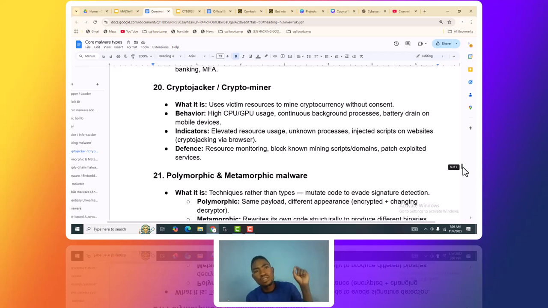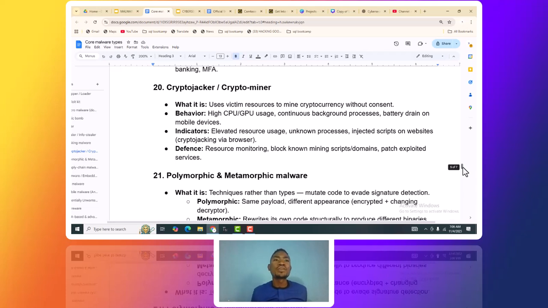Another one is cryptojackers, or crypto mining. One of the things is that cryptography is very important. Cryptography helps to safeguard us from some of the known malware. But there are other malware that can actually invade or penetrate the cryptography or cryptocurrency aspect of our devices.